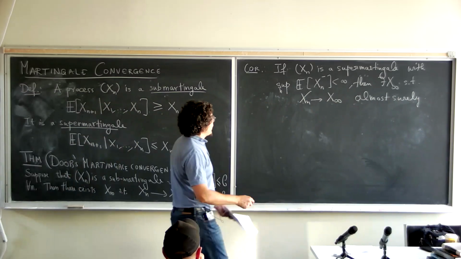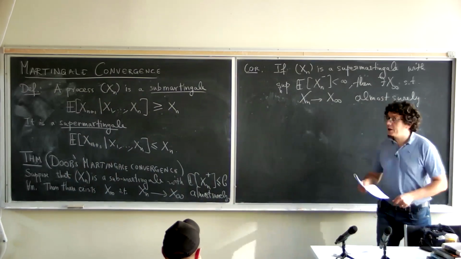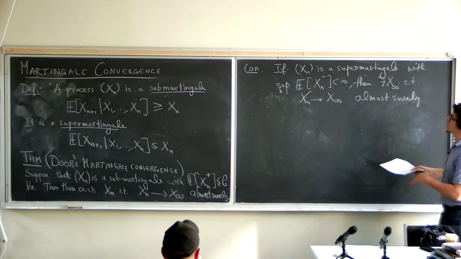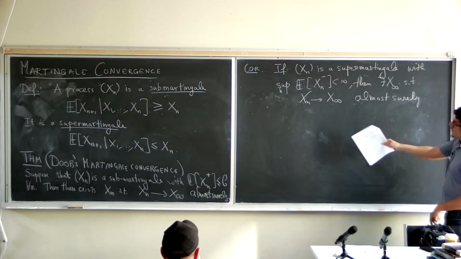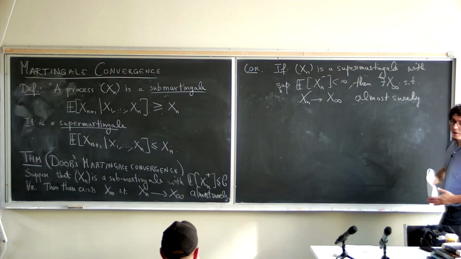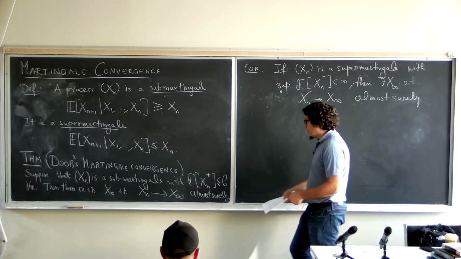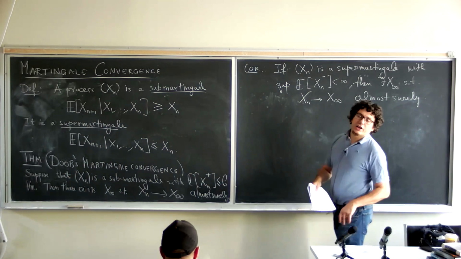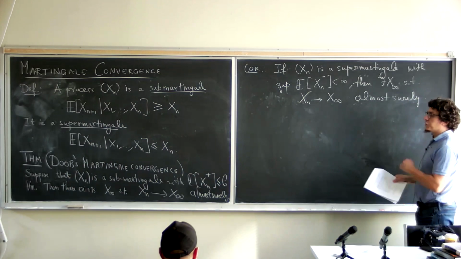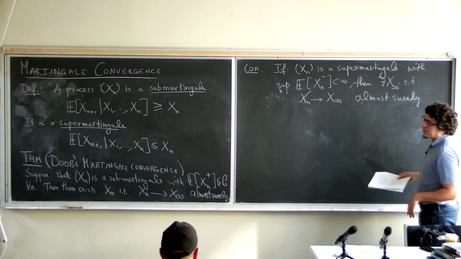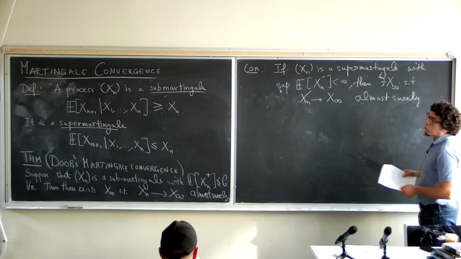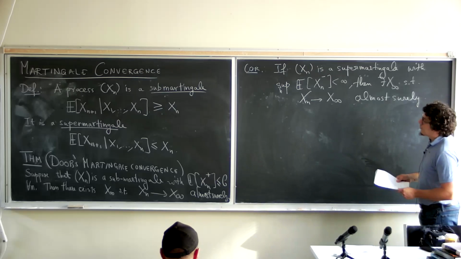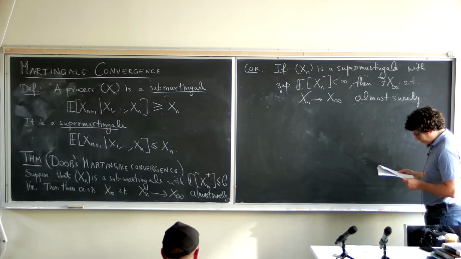In particular, what we care about most is martingales themselves, not supermartingales or submartingales, so either way it's fine. Most of the time in this course we're just going to consider bounded martingales. If the supremum is bounded everywhere, then we have no problem about integrability conditions.